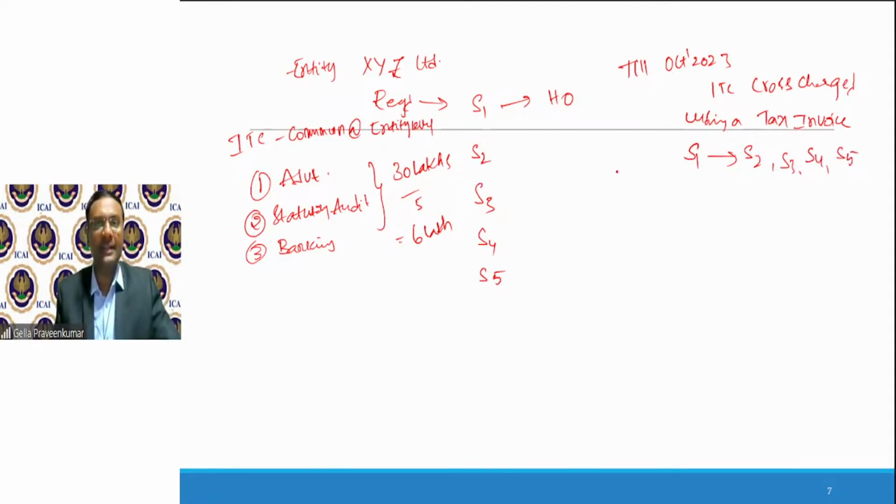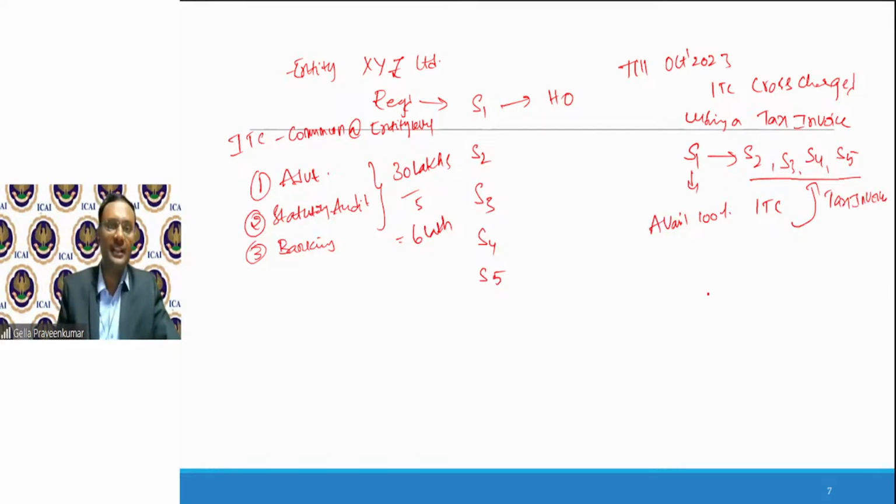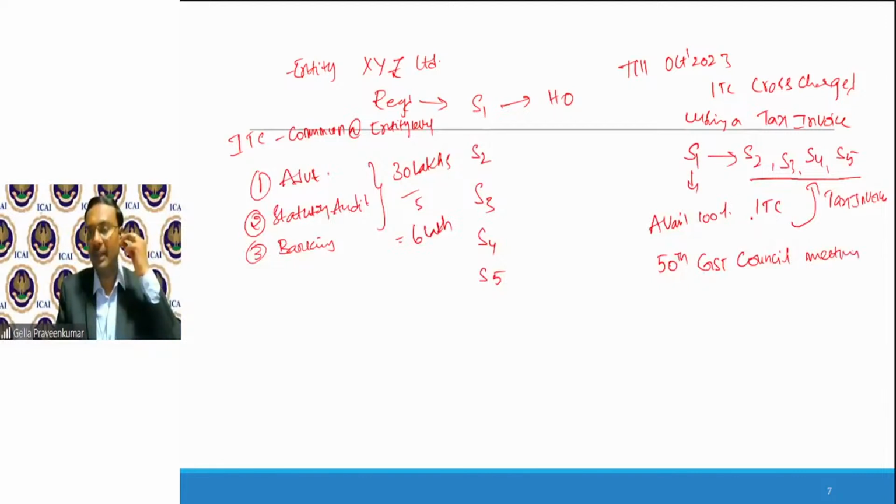What used to happen is that state 1 used to avail 100% input tax credit, and this input tax credit used to be distributed to the rest of the states using a tax invoice. The 50th GST Council meeting said that this common ITC can be passed on, can be cross-charged.